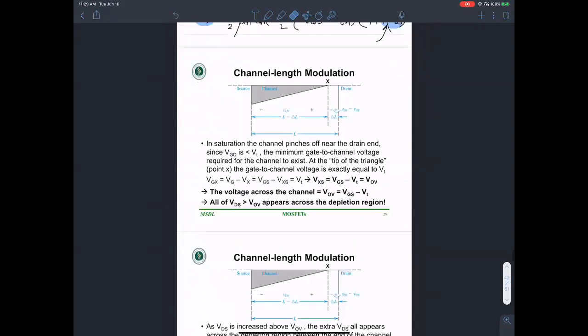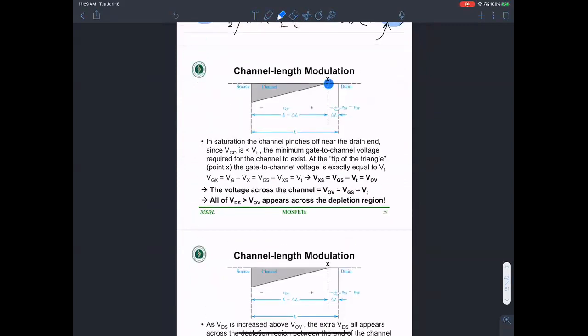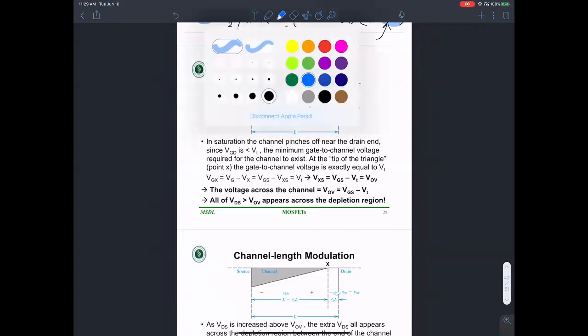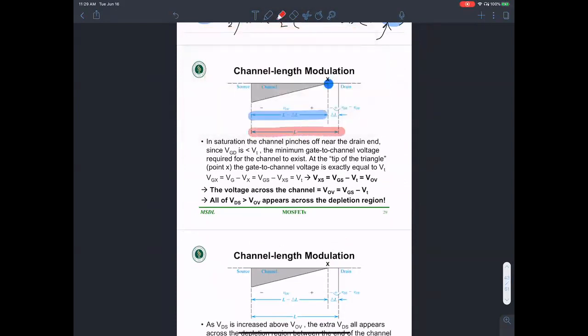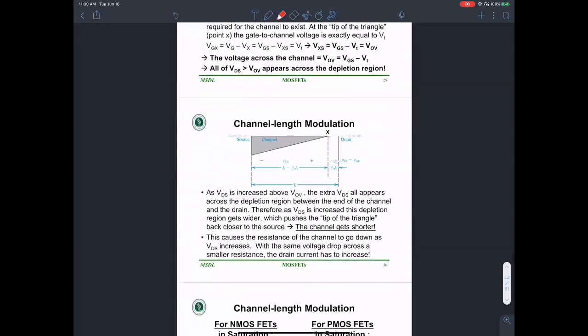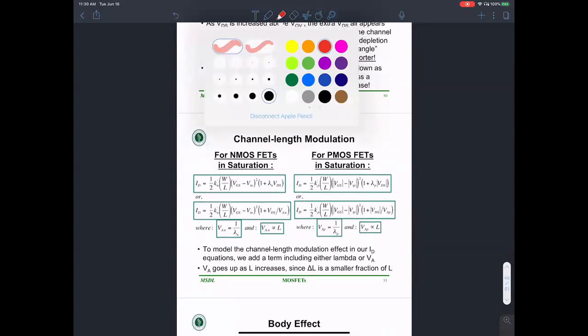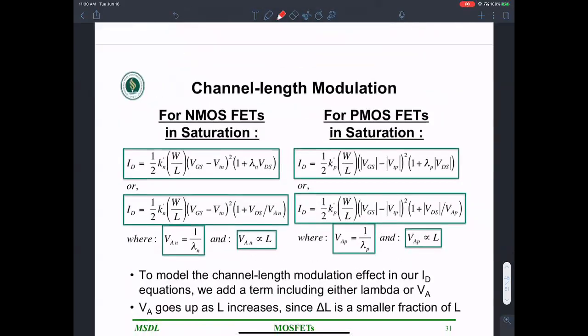That's exactly what is being shown here. There's a pinch off that is happening that reduces the effective channel length. Earlier I thought the channel length was supposed to be that guy, but because of channel length modulation, the effective length is decreasing, and that contributes to an increase in current. And that's the idea of channel length modulation.